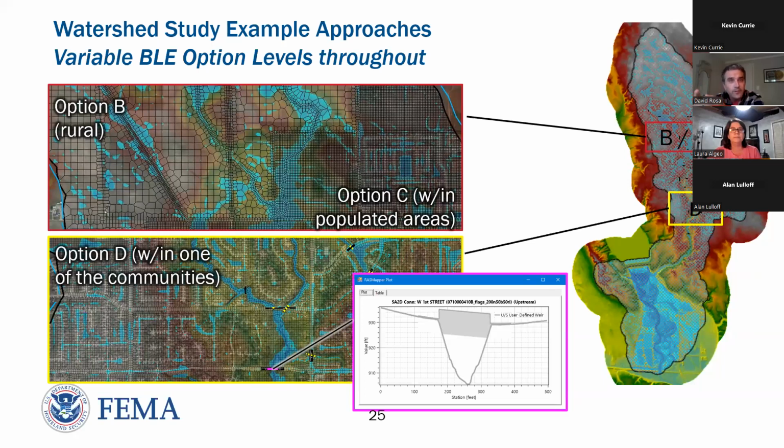In those areas, you can decrease the cell size, but overall you have a larger watershed model that has variable levels of detail within it. Next slide.